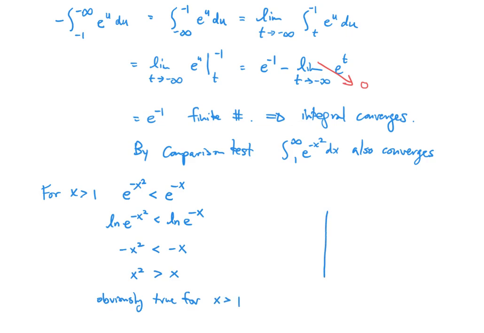I mean, if you looked at the graph, x squared looks like this, y is equal to x squared, and y is equal to x looks like this. And we can see that for values of x that are greater than 1, x squared is clearly above x.